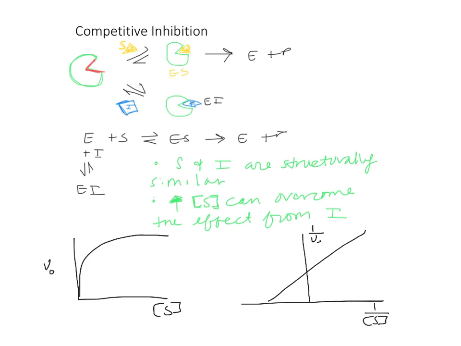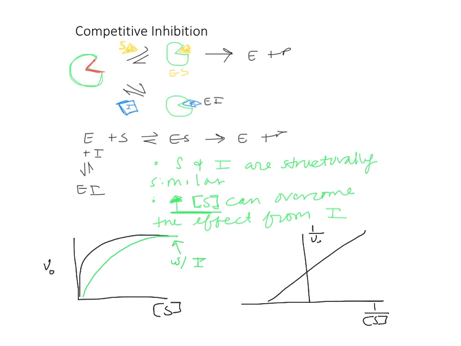Because at high S concentrations, we can outcompete the inhibitor for the enzyme, what this ends up looking like is a less steep slope, but it still comes up to Vmax. So this line is with inhibitor.